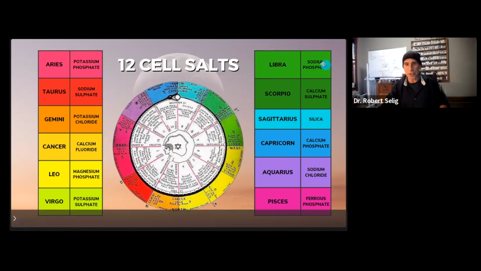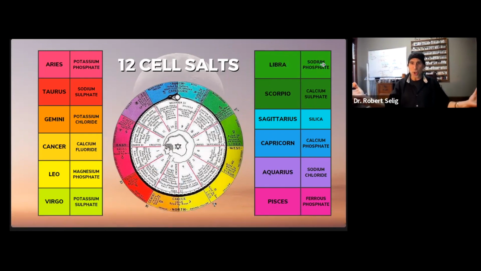Now, Libra is the balance. Sodium phosphate, Nat Phos, deals with the acids of the body. So in the scales of Libra, we don't want to be too acidic or too alkaline, and sodium phosphate is the acid balancer of the body.